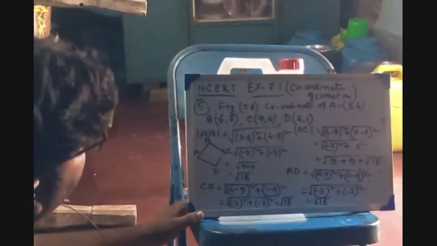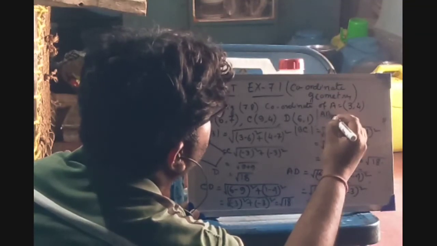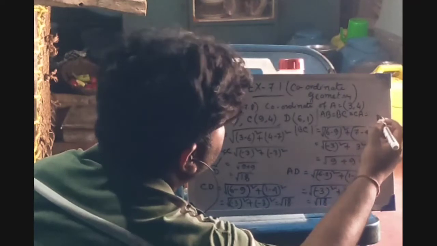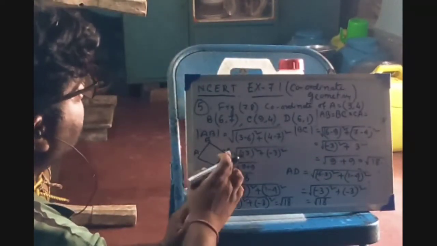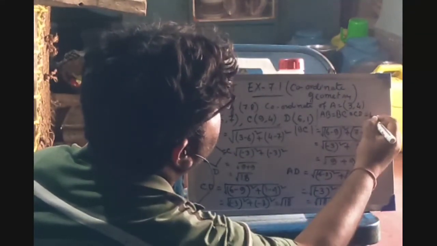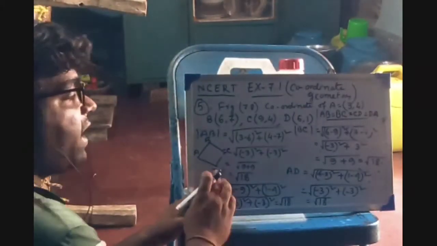So we can see that AB is equal to BC is equal to CD is equal to DA. Means all the four sides are same. So it is a square.